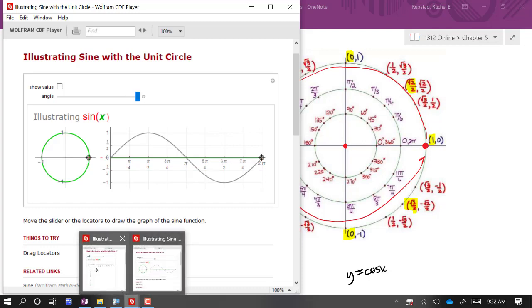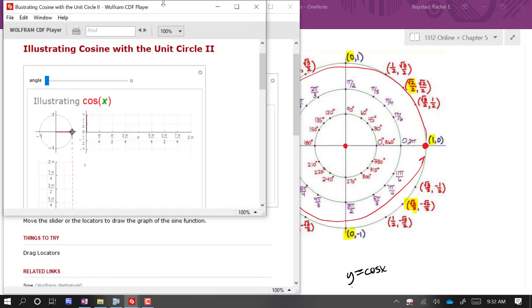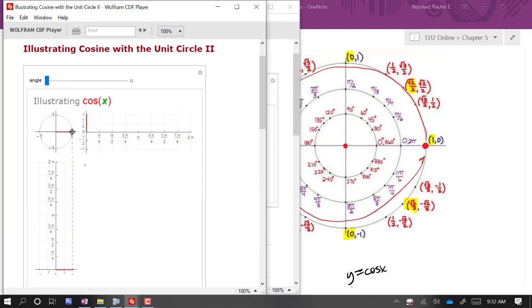And you could see the same thing with the cosine. So the cosine, we're keeping track of the x. So now there's three things to look at. We have the unit circle. Then they gave us this intermediate graph below, where we're plotting the angles. They plot the angles here on the y-axis, and then they keep track of the x coordinate.